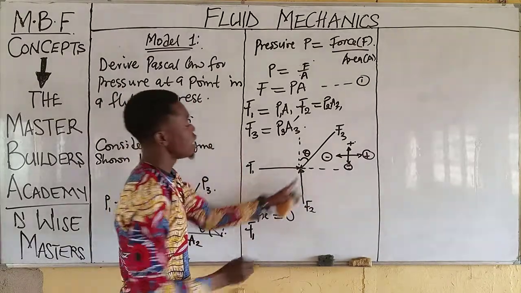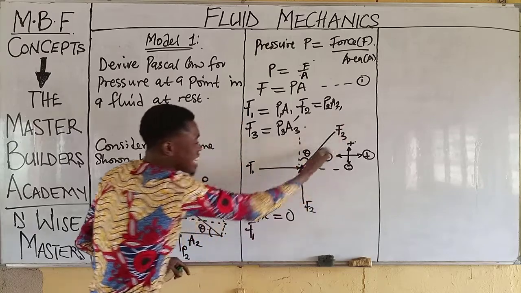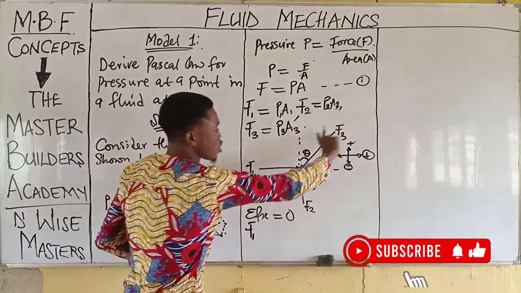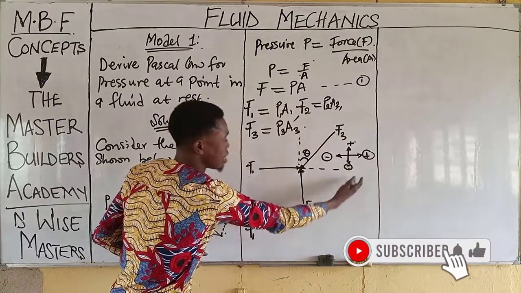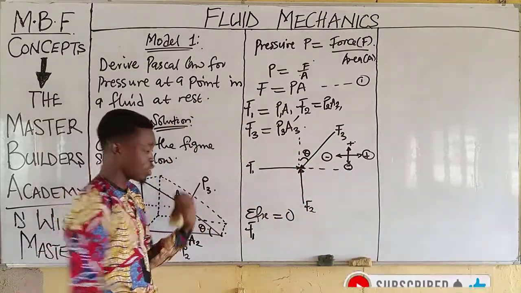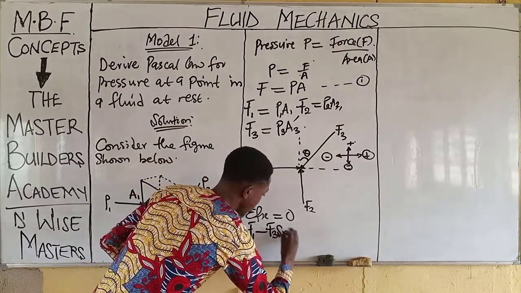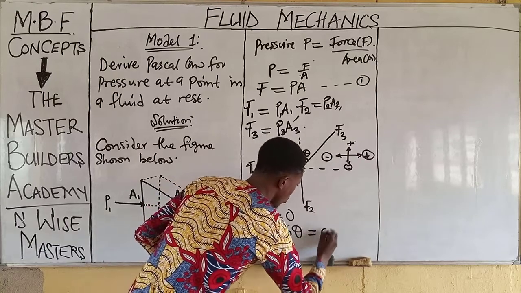Then minus, because this force acts in the negative direction: if we bring down the tail of this member to align with the X axis, the arrow will be facing the negative direction. Then this becomes F3 sine theta is equal to 0.